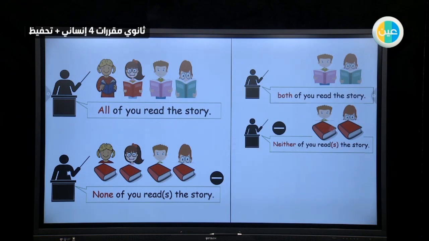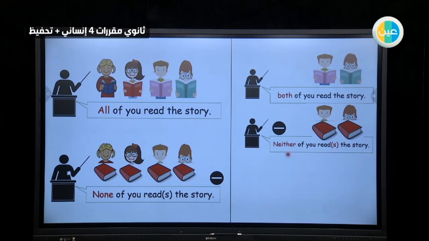Neither. How many students can we see here? Only 2. So we have here both and neither. Neither is the opposite of both. It gives a negative meaning, but we can't see not. There is no not in this sentence, just neither gives us a negative meaning. Also, we can use it as singular and plural.